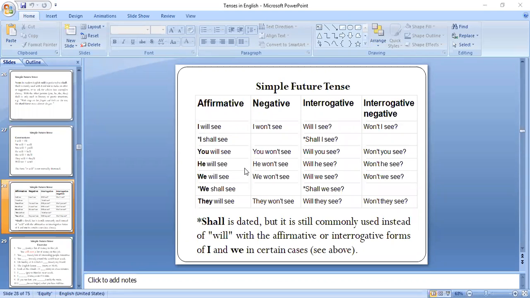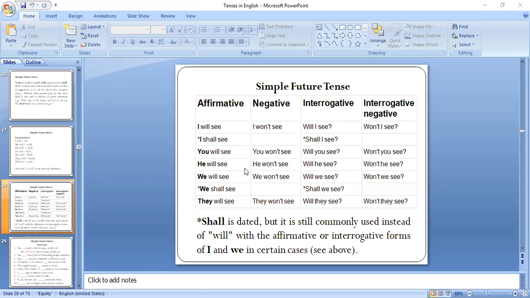These are the sentences we can make out of one sentence in the simple future tense. Then another pronoun is we. We will see or we shall see. We can use shall for we.